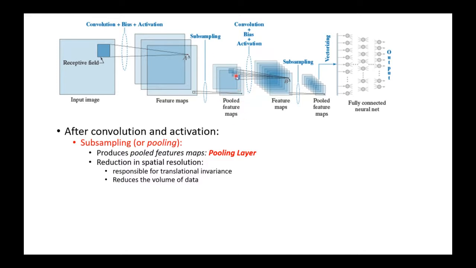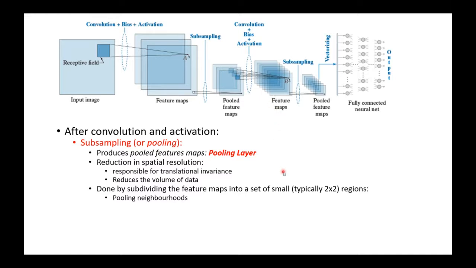Then I do subsampling to make the result more manageable. This is done by subdividing the feature maps into a set of small, typically 2 by 2 regions, which are the pooling neighborhoods. Each region, the pooling neighborhood, is going to generate 1 point in the next stage.